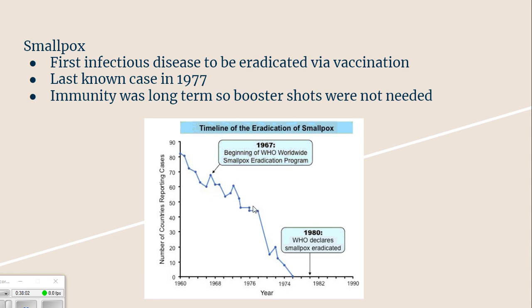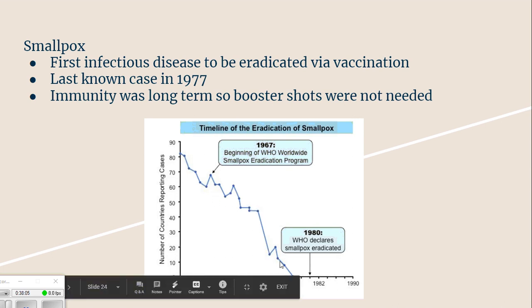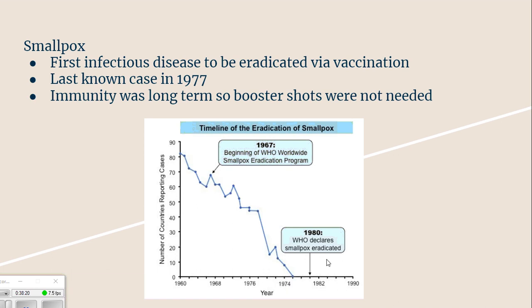They tracked down this disease to the corners of the earth, until they identified the last known smallpox case, and once that had been done and cleared, and there were no more reported cases, they declared smallpox eradicated. So there has not been a smallpox case since 1977, but smallpox still does exist in test tubes in a few labs around the world in freezers. So it's been eradicated, but not completely gone.